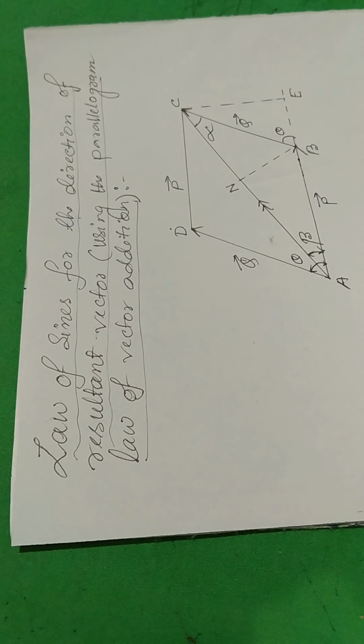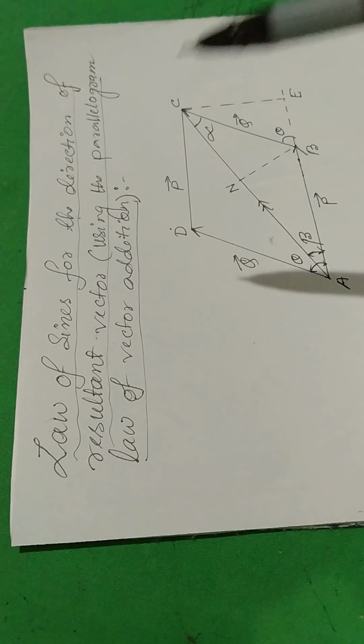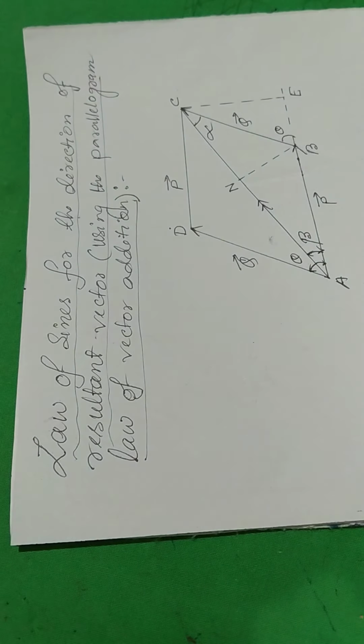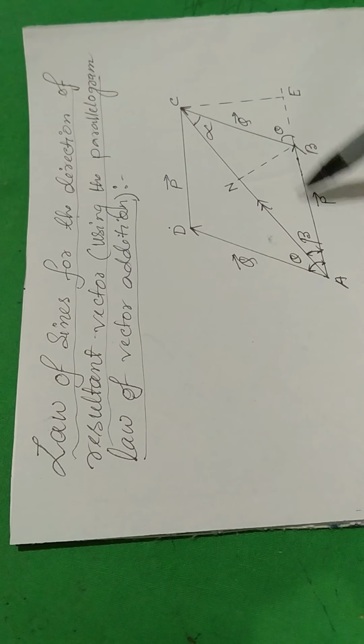Hello students, today I'm going to derive an expression for the law of sines for the direction of the resultant vector using the parallelogram law of vector addition. Now you see the diagram. This is the parallelogram.